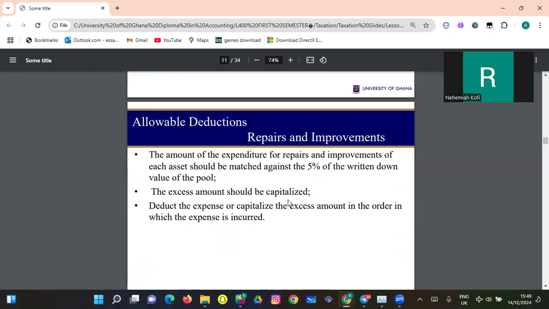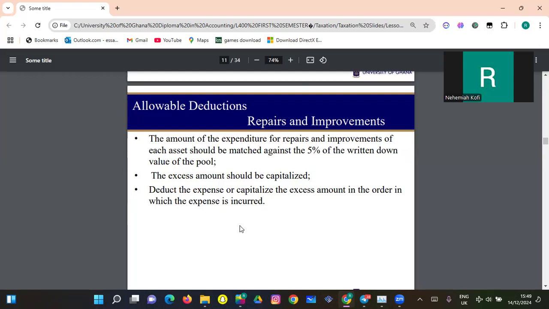Then the excess, which is the 500, is capitalized to the particular asset. That's what it means here. So deduct the expense or capitalize the excess amount in the order in which the expenses were incurred, right? So if there are more than one, we do it in the order in which they were incurred.